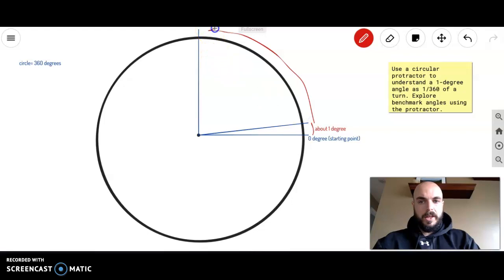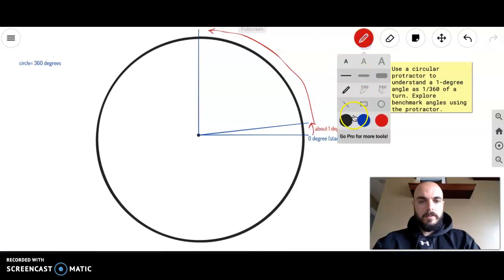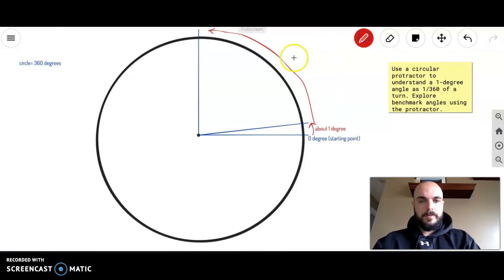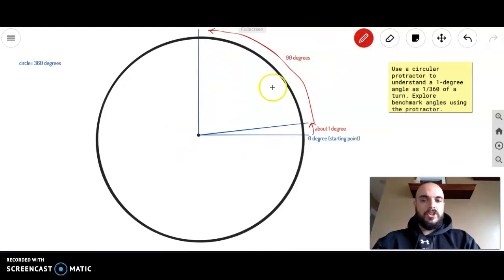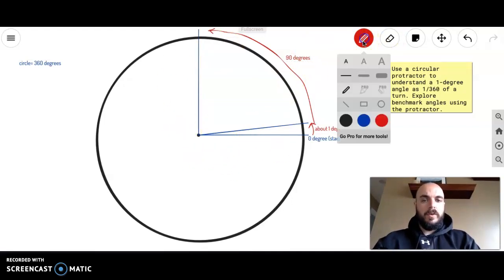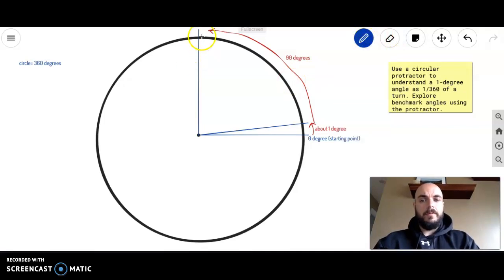Imagine that we're opening it from the 0 up. And I'll type that in. This is 90 degrees. You can imagine that this is like a chunk of pie now. It's 90 degrees, and if I go around it, I'm just going to keep counting up from this right angle.